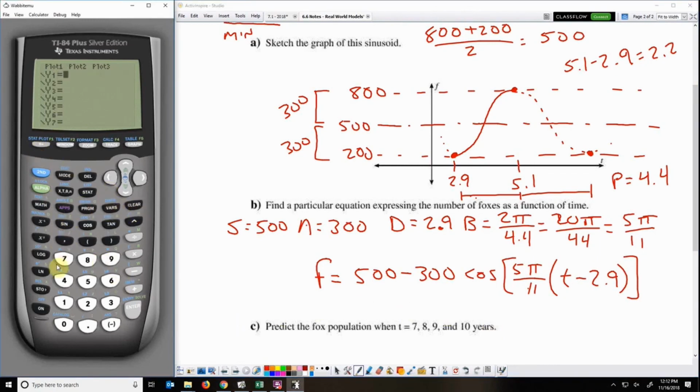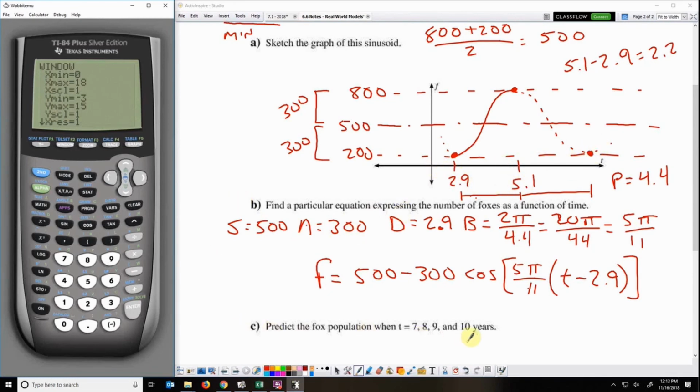So I'm going to clear out my equation and put in 500 minus 300 cosine. It opens up parentheses for me. 5 pi over 11. Another set of parentheses. Time minus 2.9. Close both parentheses. And for my window, for x's, I could go from 0 to say 7 years.